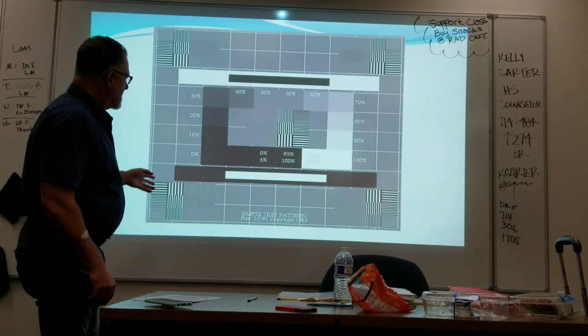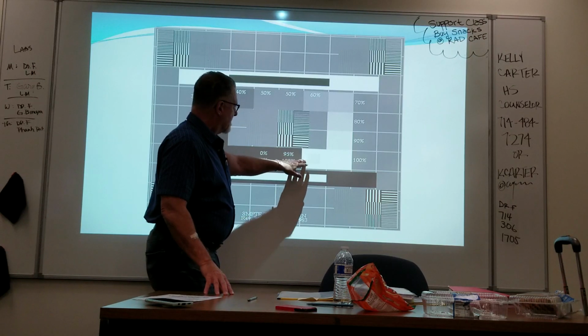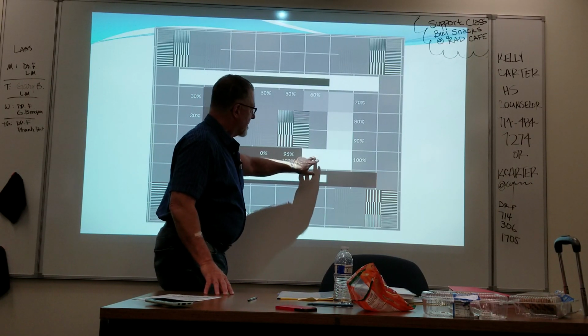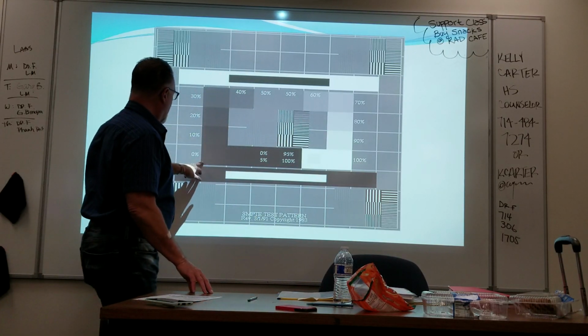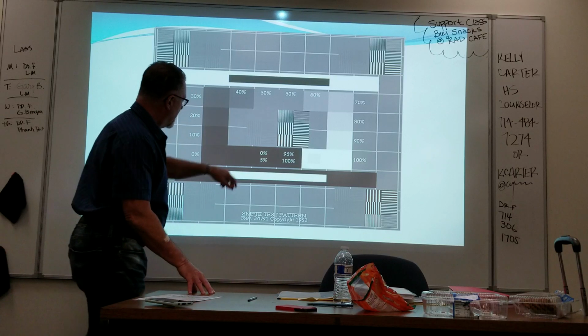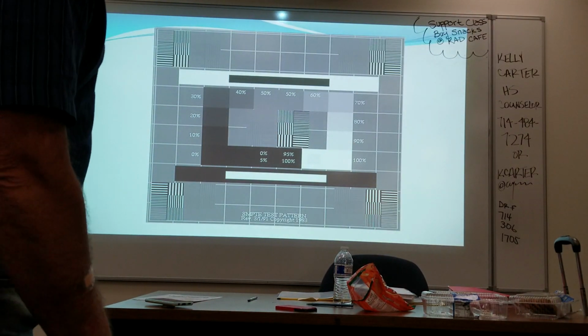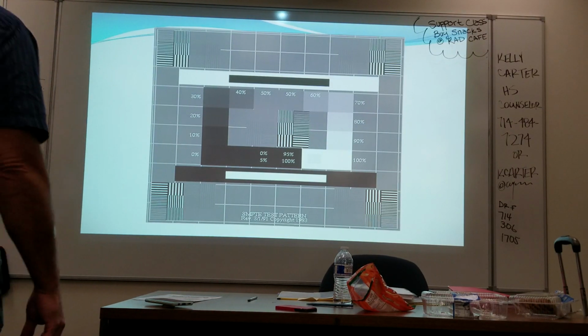For contrast, there's the 95 and 100% contrast going from white, grayscale, all the way to black. And there's also a 0.5% there, which up close you can't see. And from back here, you can't really see either.